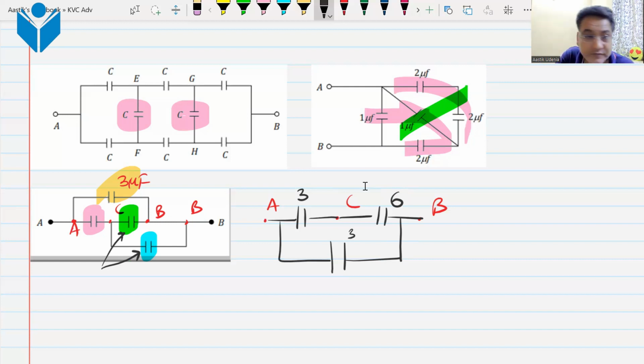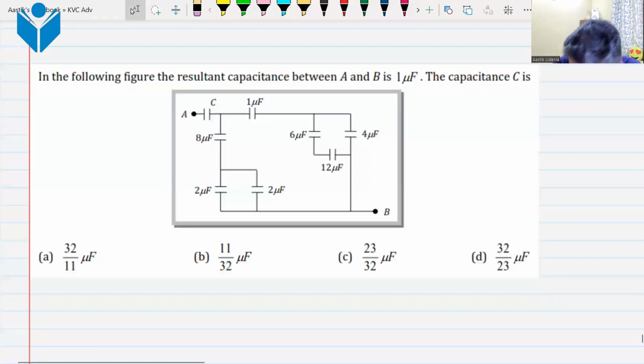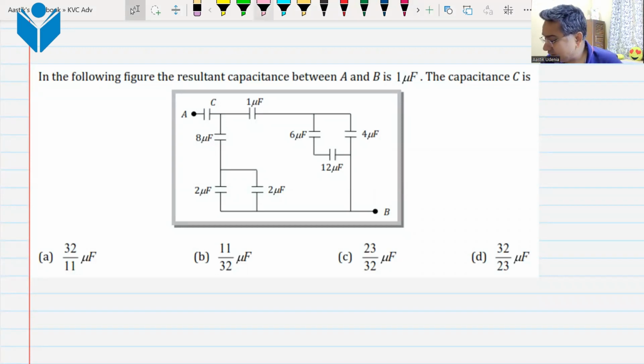Give the answer to this one fast. So the answer is just about calculating. You just have to calculate: 6 and 12 are in series, yes or no? Yes, sir.